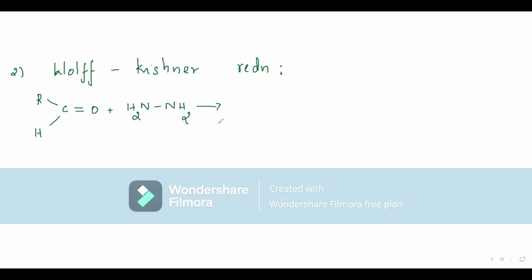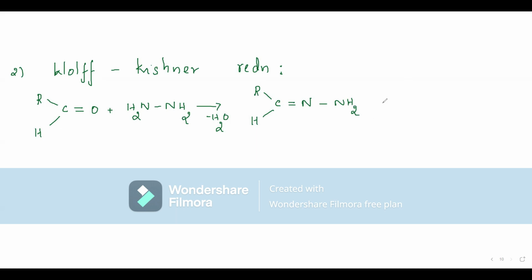Elimination of a molecule of water takes place, so I'm writing minus H2O, and your product is RCH=N-NH2. This product is a hydrazone.